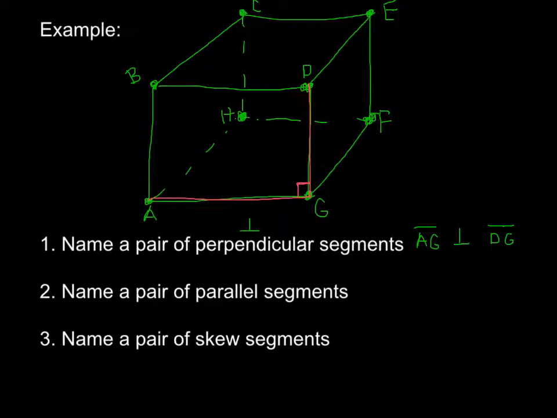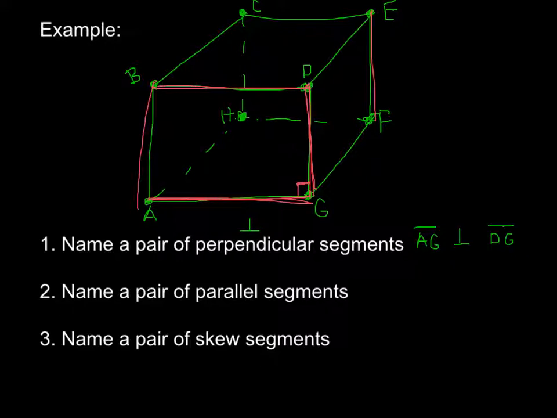Then it says name a pair of parallel segments. Okay, so for parallel, I could pick AG and BD. Again, that's not the only one. I could do DG and BA, I could do DG and EF. They just have to be on the same flat surface or same flat plane.